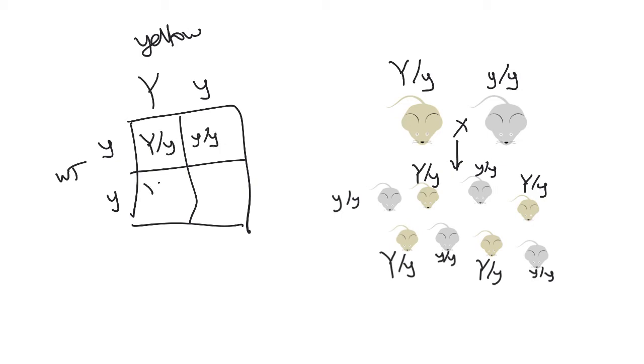So when we combine those two alleles at fertilization, producing the F1s, those are the genotype ratios, 1-to-1, heterozygous to homozygous. So this cross works as Mendel would have predicted. Another point to make is that the alleles, the number of capital Y's and lowercase y's, are in what we call Hardy-Weinberg equilibrium.